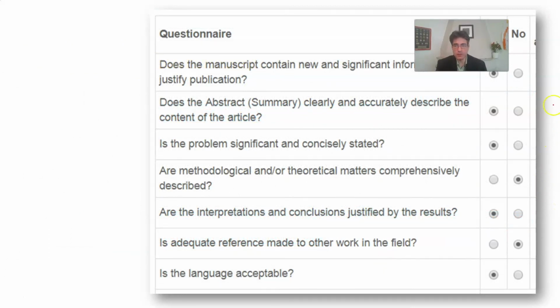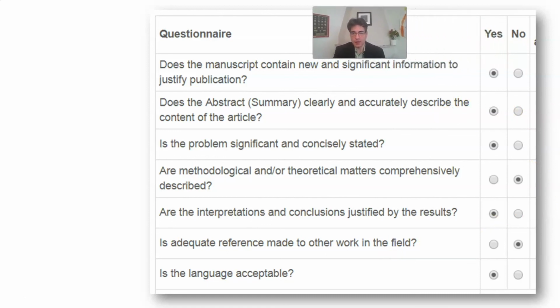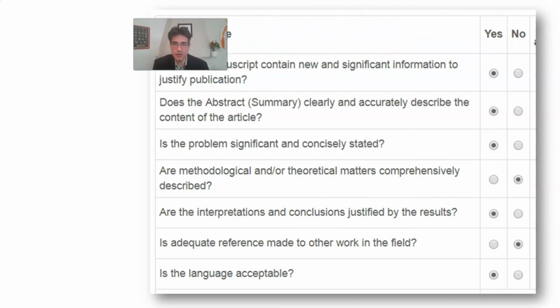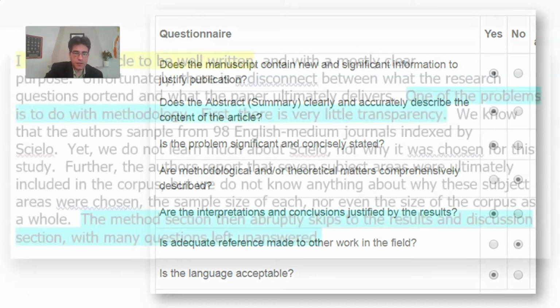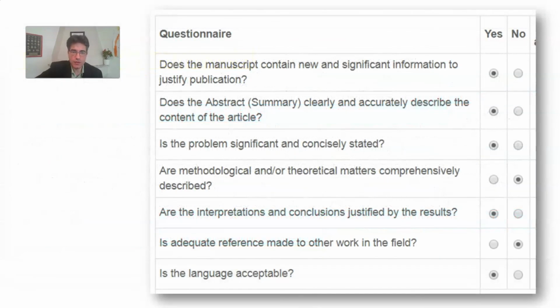And as I've showed you before, this is an example of a kind of form that we are asked to fill out as reviewers of manuscripts. This one is from the journal TESOL Quarterly. And as I pointed out before, this first question here is key. One of the very important points that we have to say yes to is this one.